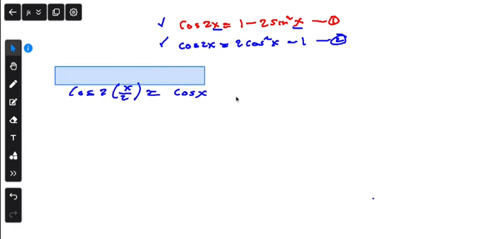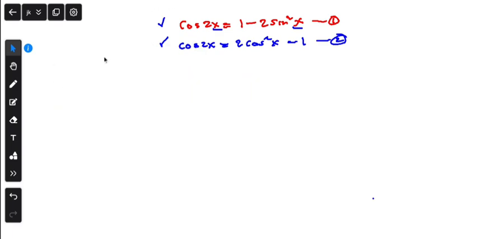So without wasting time, let me just write x. So we are going to have cos x, which is going to be equal to 1 minus 2 sine squared, and then open bracket x divided by 2. So we are coming up with the identities for the half angles, meaning we are making sine x divided by 2 the subject of the formula. So what are we going to do?